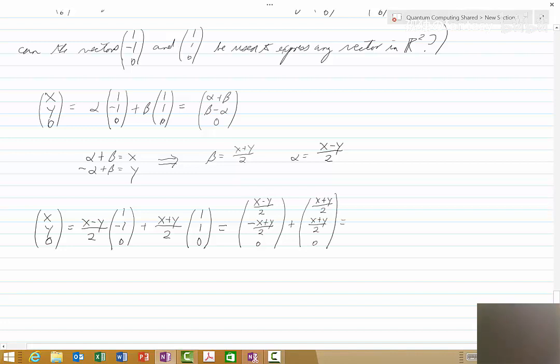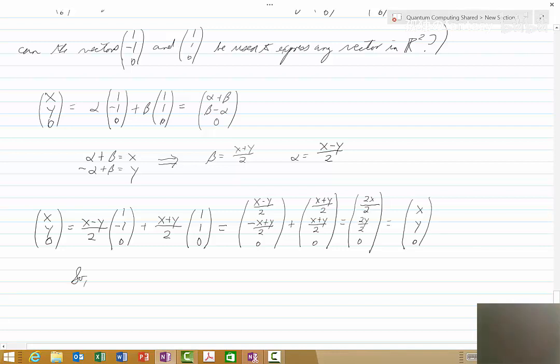And now when we add them up, we get 2x over 2, 2y over 2, 0, or x, y, 0.